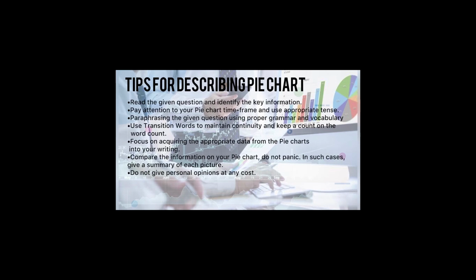Then, focus on acquiring the appropriate data from the pie chart into your writing. Then, compare the information on your pie chart. Do not panic. In such a case, give a summary of each picture. Finally, do not give a personal opinion at any cost.